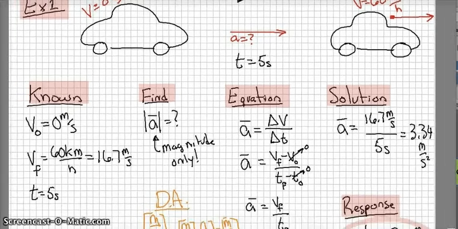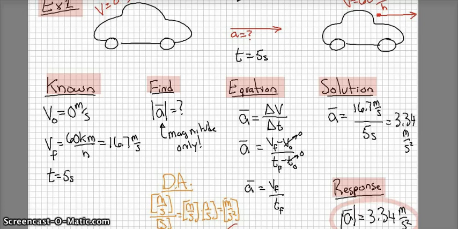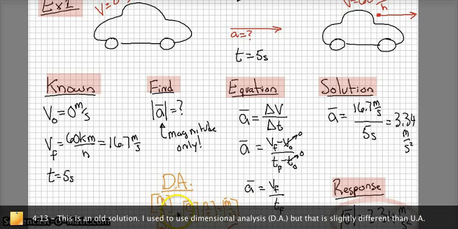Ultimately, what we get for our equation is V_F over T_F. It's always a good idea to check your units to make sure this works out right. Doing our unit analysis, V_F would have units of meters per second, and T_F would have units of seconds.